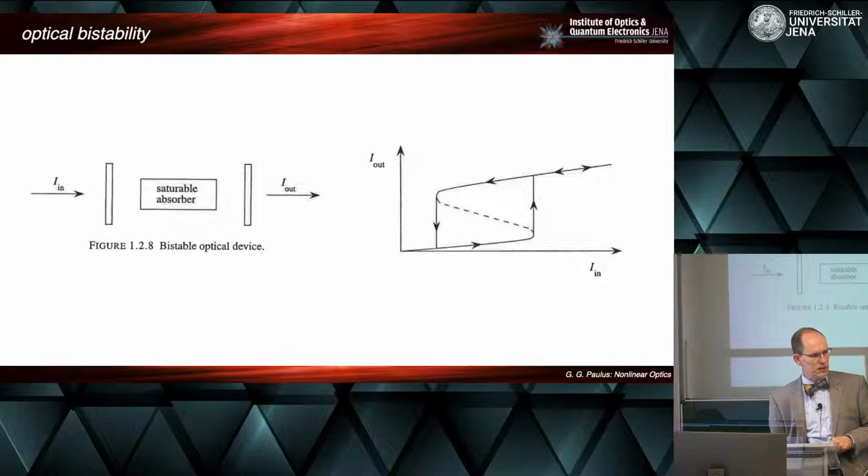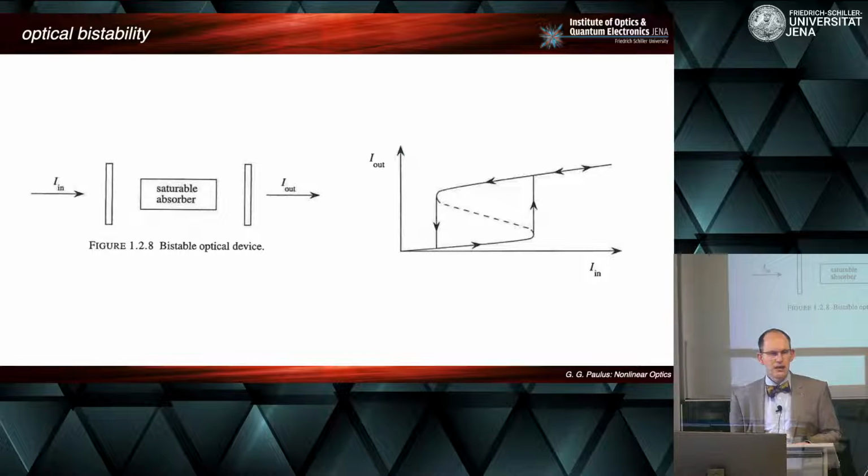Yeah, so this is optical bistability. So there the idea is the following. We have a cavity as shown here, just two mirrors. And without the saturable absorber, this would mean that the light intensity within this cavity is higher than the input intensity, right?